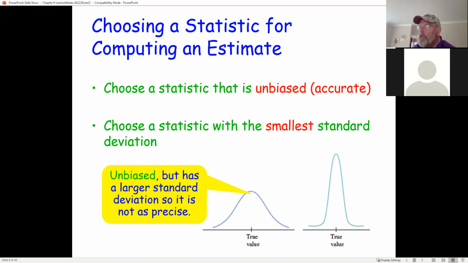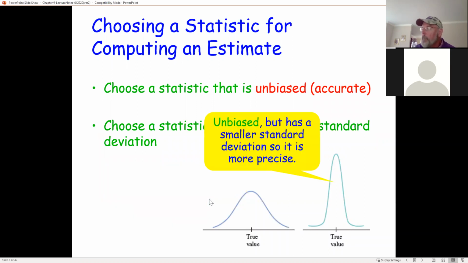Okay, so this is sort of unbiased, but the standard deviation is kind of large. This right here is also unbiased, and it has a very small standard deviation. And so you can imagine that this first one here on the left is sort of good, but the precision of the interval is quite large, okay?